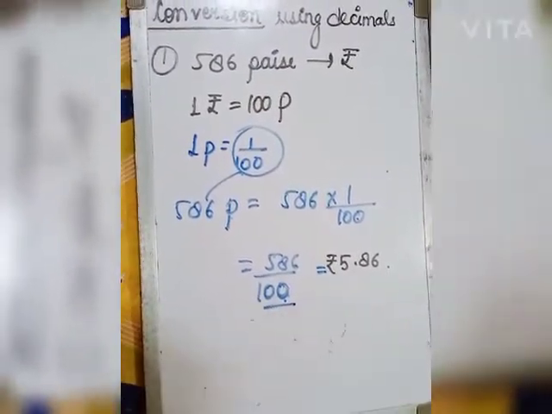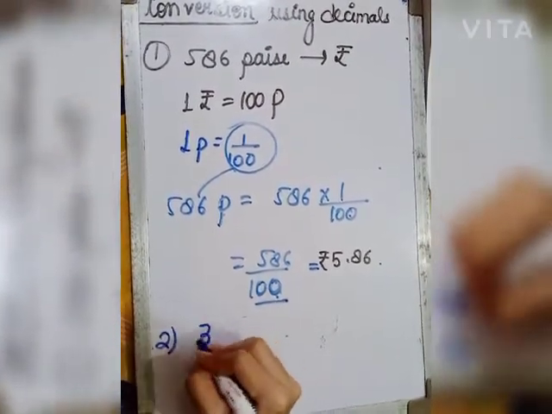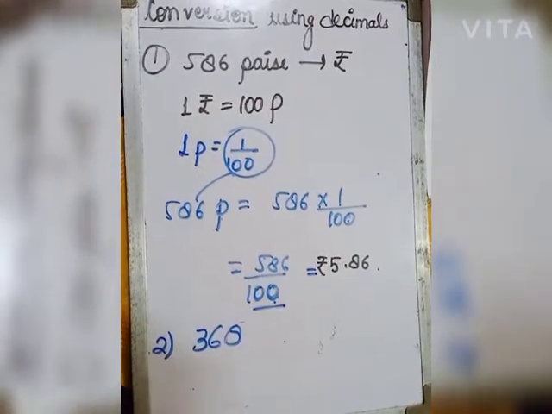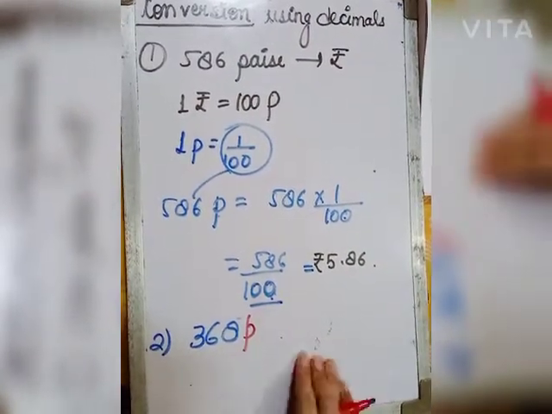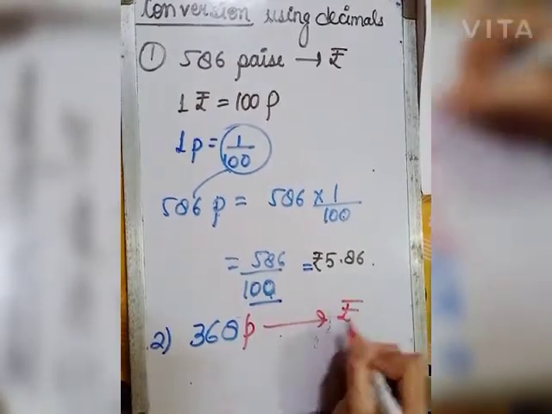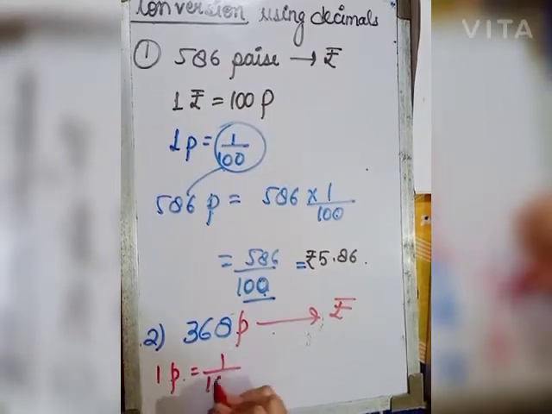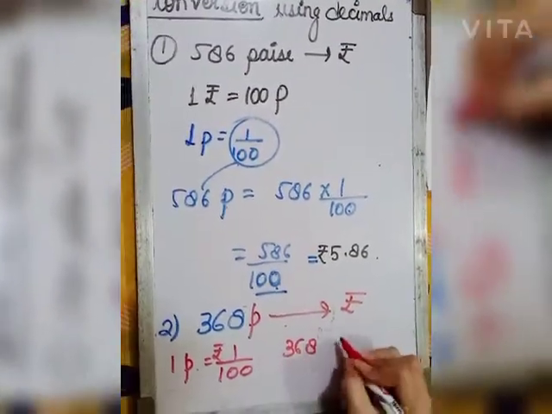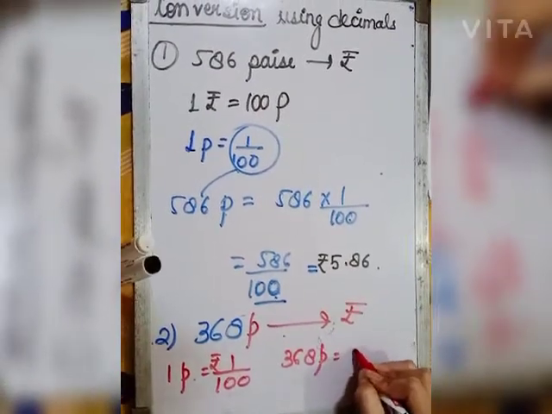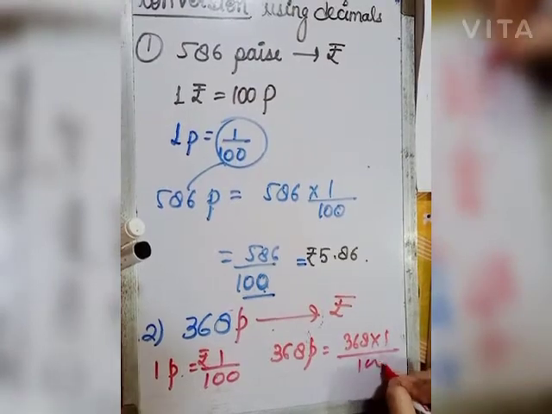Another example, 368 paisa, and we have to convert it into the rupee. So 1 paisa equals to 1/100 rupee. So 368 paisa will be 368 into 1/100.